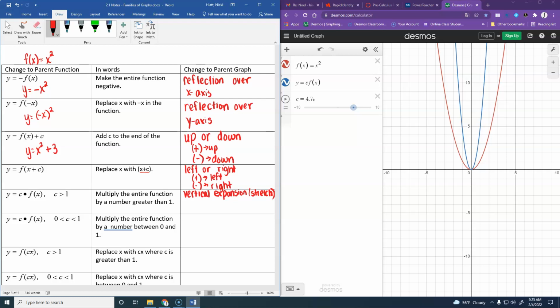All right, so the key to it being vertical is that it's on the outside of the parentheses. And since it is a larger number, it's like it's grabbing it on the y-axis and it's stretching it taller, right? Which also makes it look skinnier, right? Because if we could take me and make me like 6'5", but my weight didn't change at all, I'd look pretty skinny if I was 6'5", right?